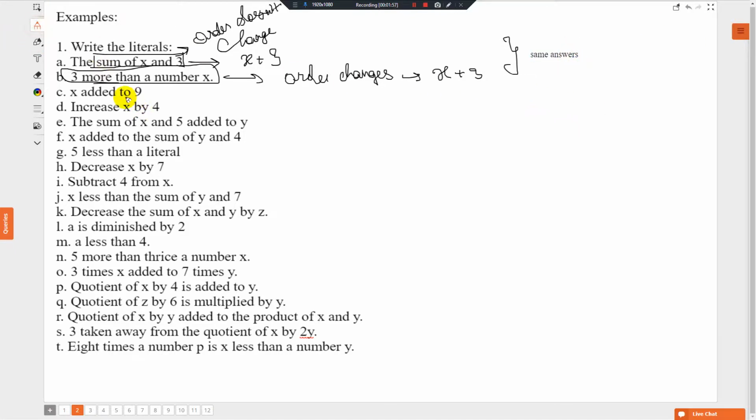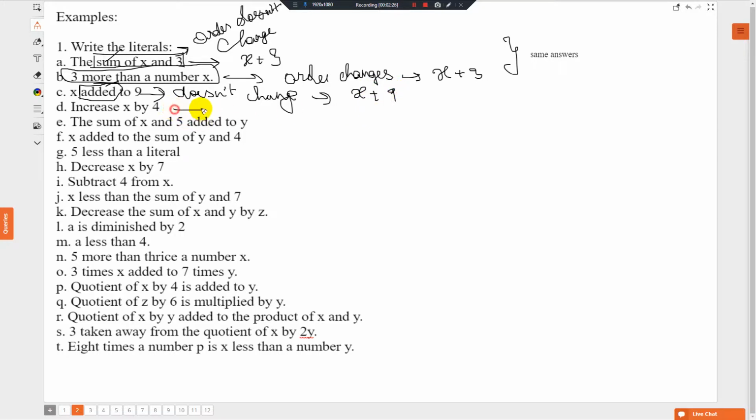Now, x added to y. When added comes, does the order change? It doesn't change. Same. x plus y.